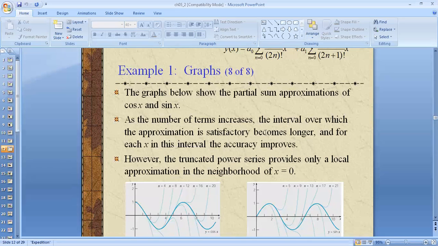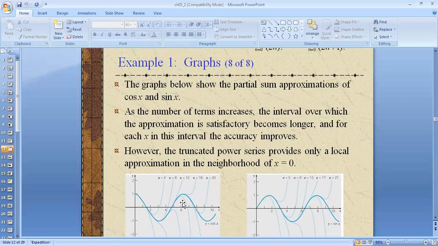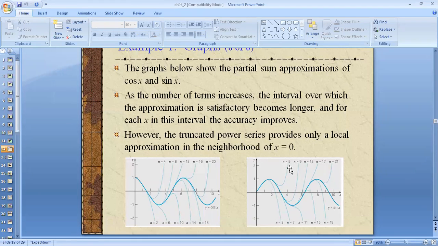As the number of terms increases, n equals 4, 8, 12, 16, 20, we get this series. This is the cos series and this is the sin series, starting with 1 for cos and starting with 0 for sin. This is for odd n and this is for even n.